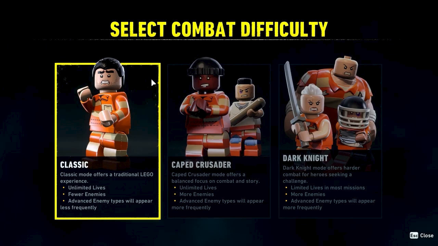Unlimited lives, fewer enemies, advanced enemy types will appear less frequently. So this is like easy mode. That's there for new or first time LEGO game players, I guess. That's not us, so we're going to skip that one.